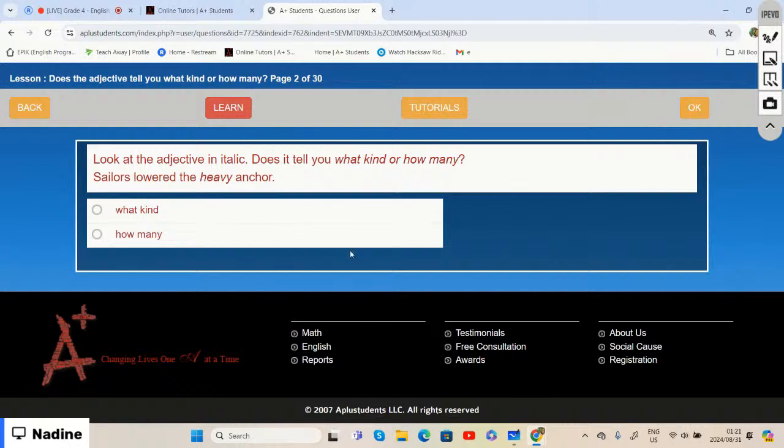All right. The next one says, look at the adjectives in italics. Does it tell you what kind or how many? It says, sailors lowered the heavy anchor.